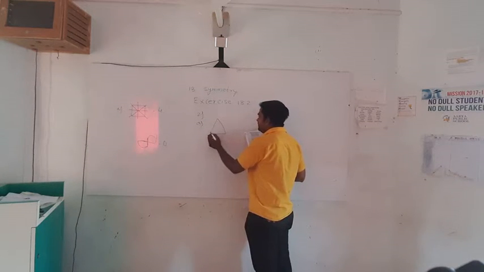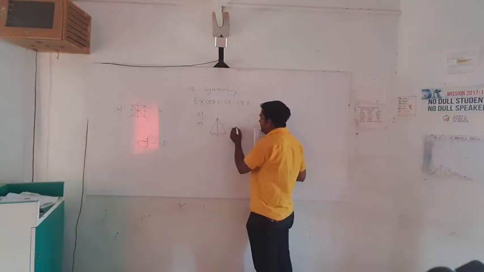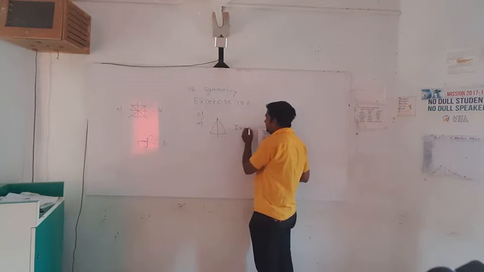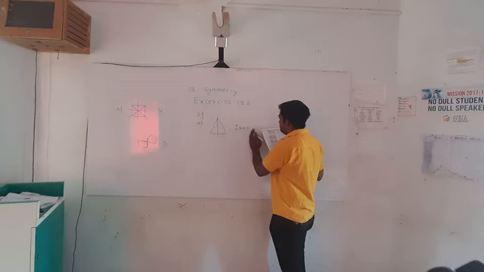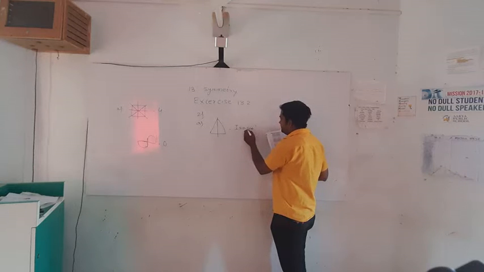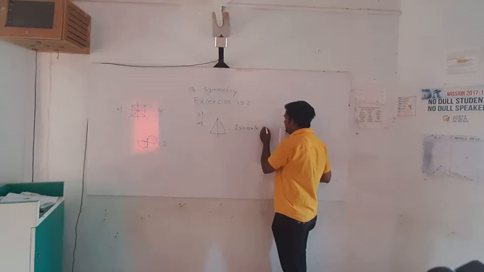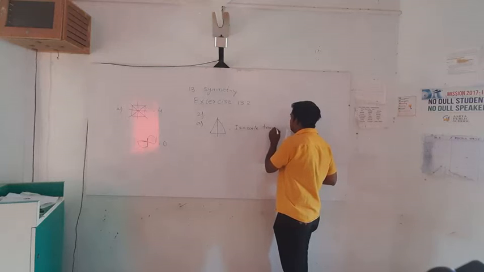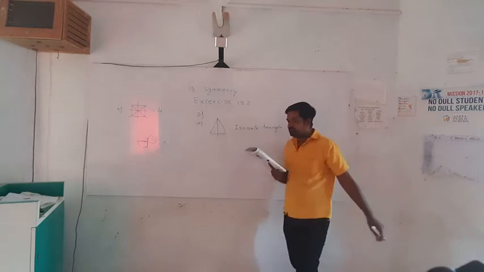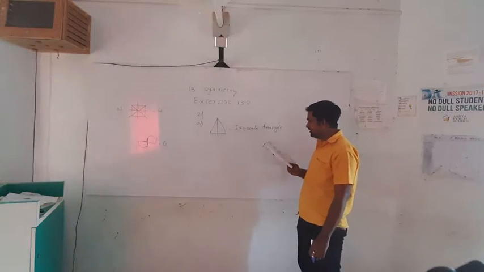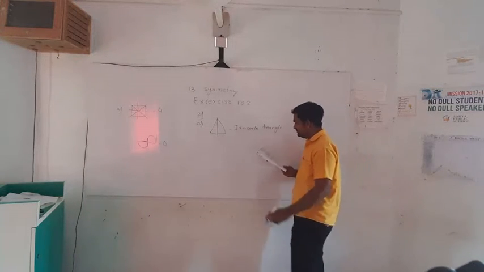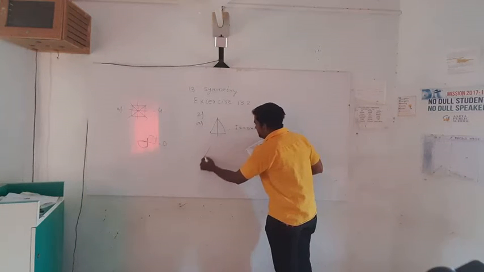This triangle has only one line of symmetry, vertical, and this triangle's name is isosceles triangle. Now see the next triangle, given a different way. Yes, the same triangle is given.